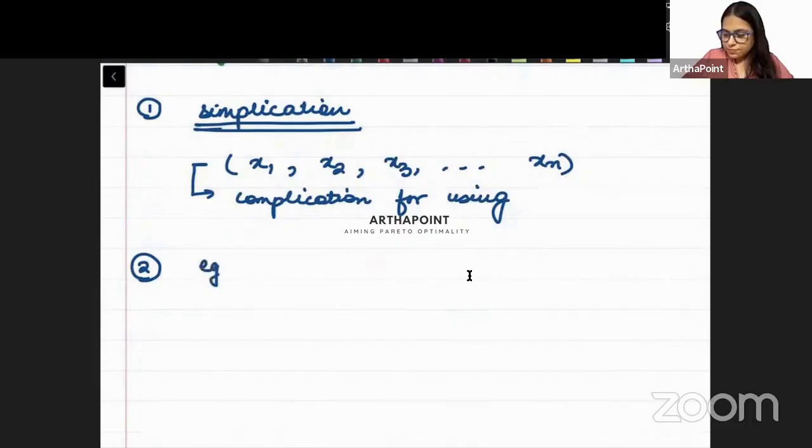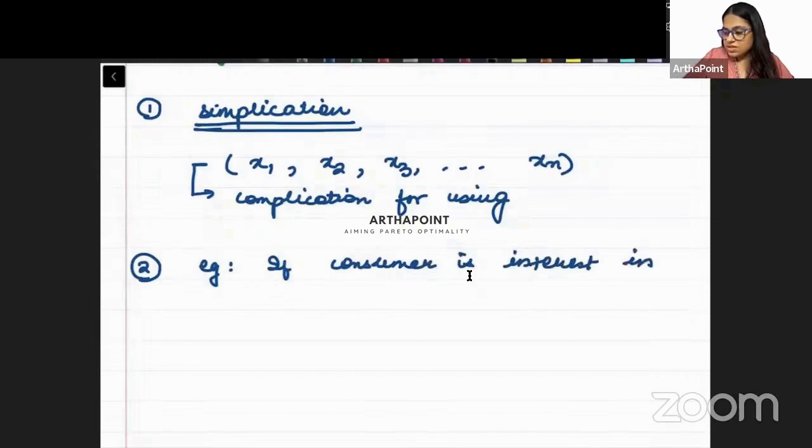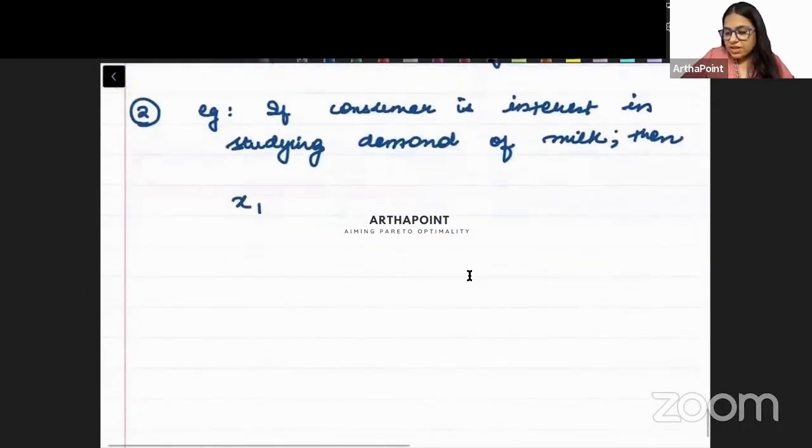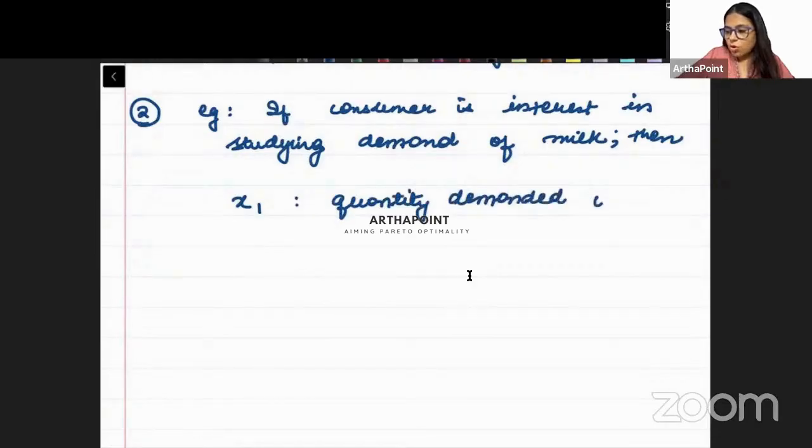For example, if we are interested in studying the demand of milk, then what we can do beta? x1 can represent the quantity demanded of milk.